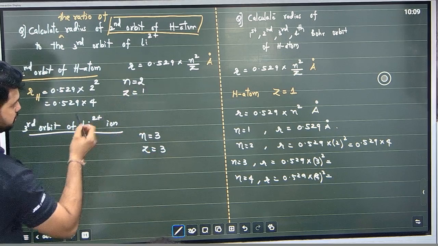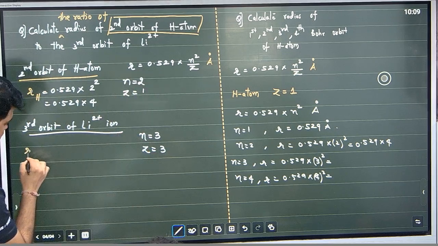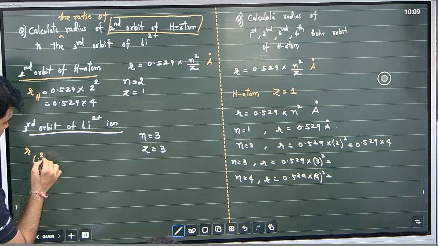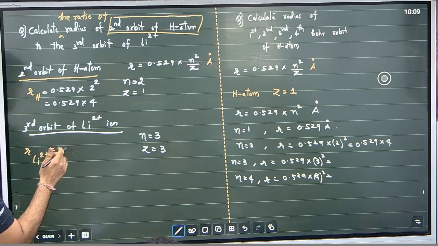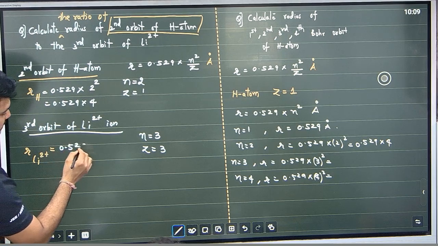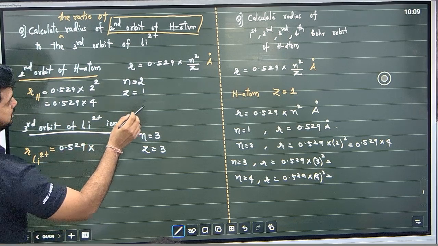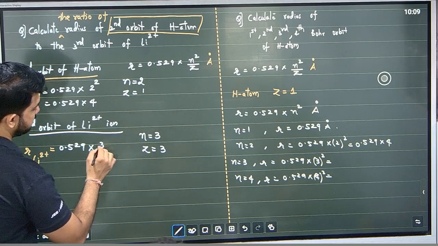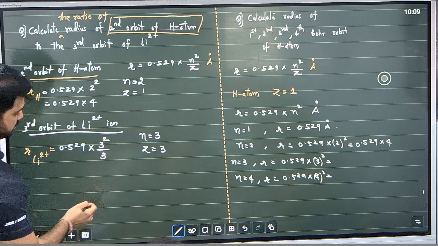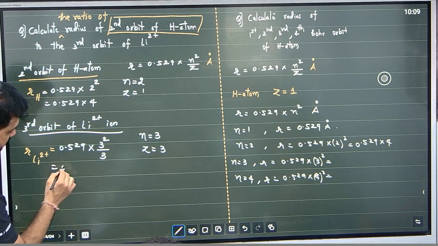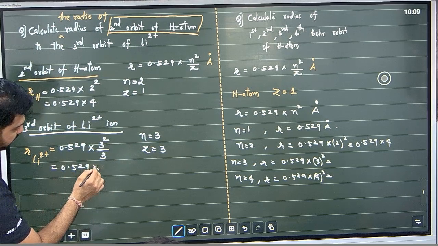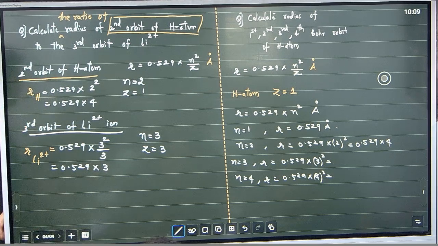Substitute. So what do you get? Radius of the lithium ion will be 0.529 into 3 square over 3. Or basically that will become 0.529 into 3. Anyone not get that?